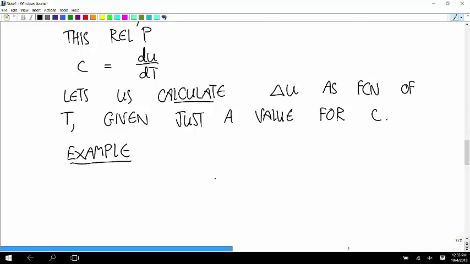So let's say that we want to calculate the change in total internal energy and the change in total enthalpy.